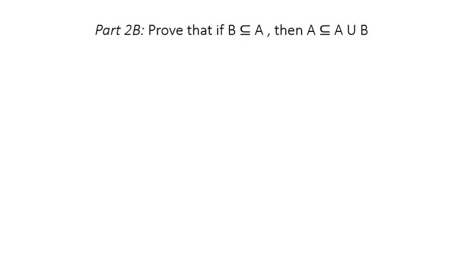And that is part 2b, which says prove that if B is a subset of A, then A is a subset of A union B. Actually, this is going to turn out to be the easiest one to do.